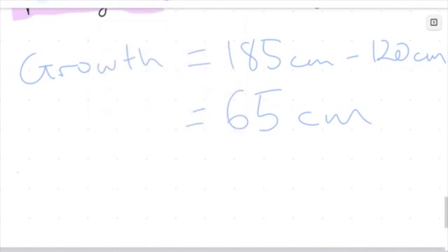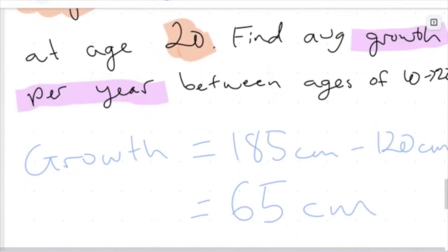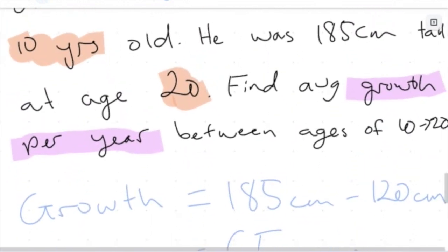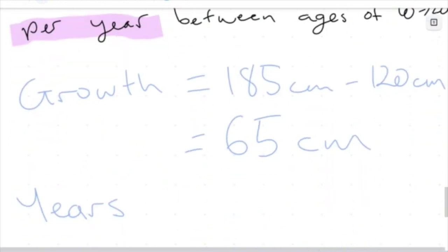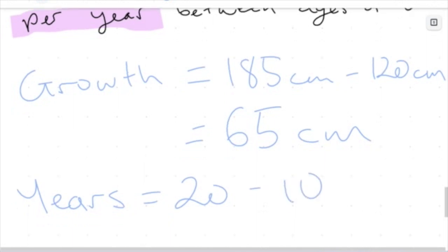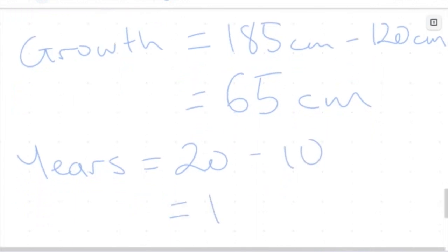Now, the years he spent growing was from the age of 10 to the age of 20. How many years had passed from 10 to 20? Well, we can find this by taking the difference, by going 20 minus 10, and that gives us 10 years.